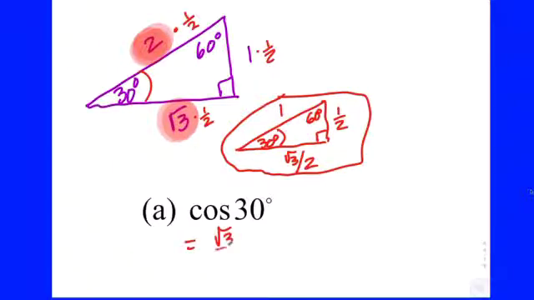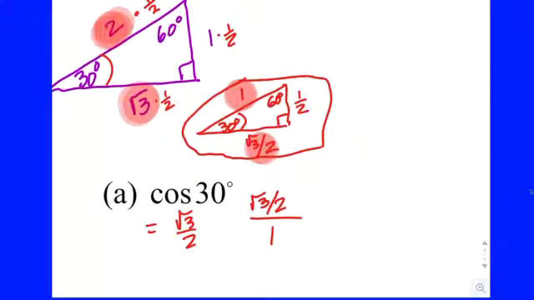So it should be the square root of 3 over 2. What is the cosine of 30 in my smaller triangle? Well, it's still adjacent over hypotenuse, which is now the square root of 3 halves over 1, which is still equal to the square root of 3 halves.